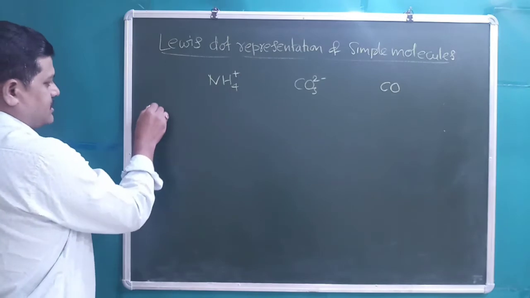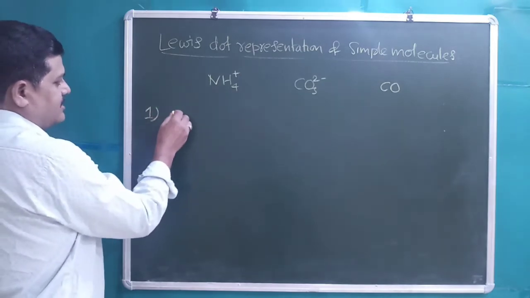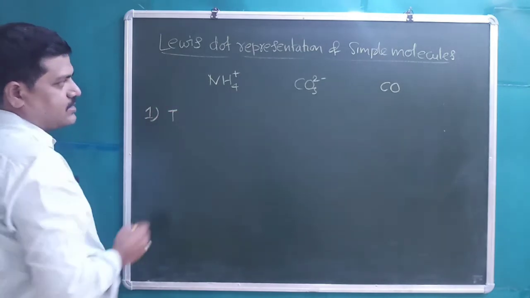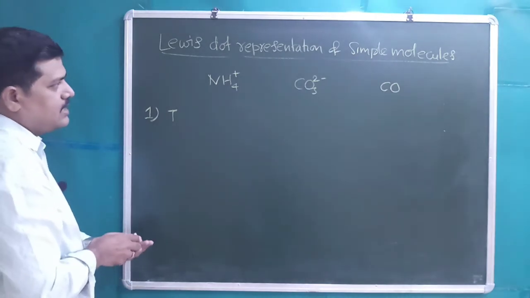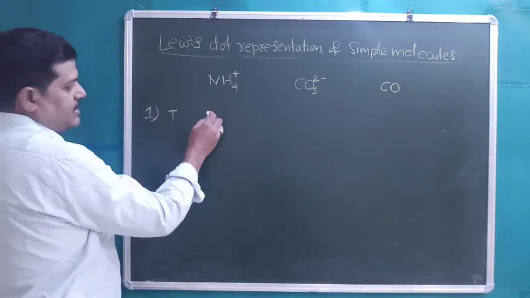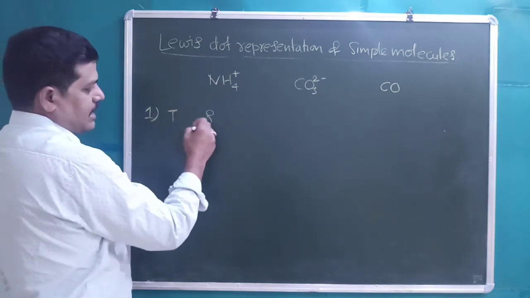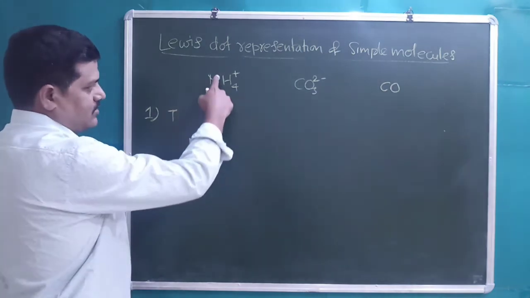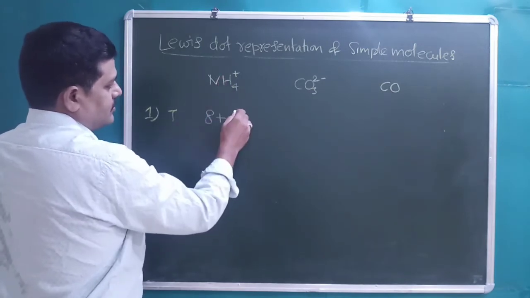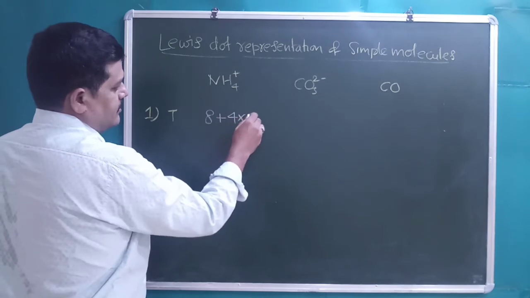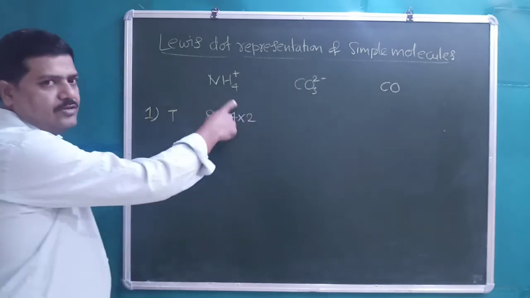First step is to calculate the total number of electrons by assuming the octet of each atom is completed. Here, nitrogen 1 atom is present, so octet is completed, 8 electrons, plus for hydrogen the duplet is completed, 4 atoms, 4 into 2.